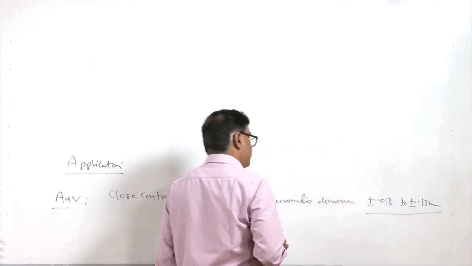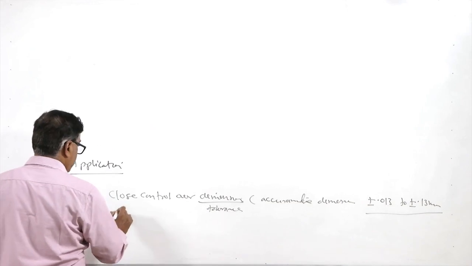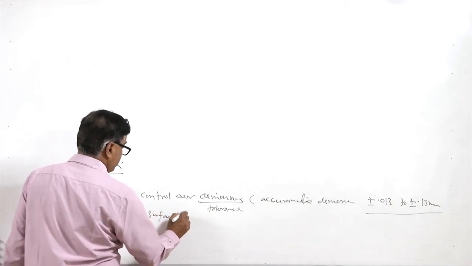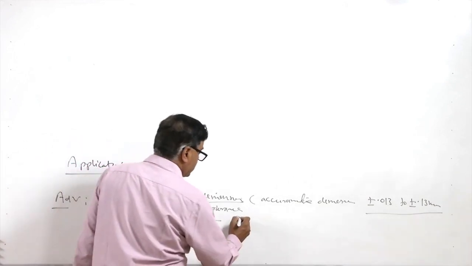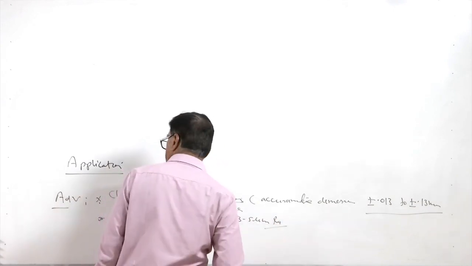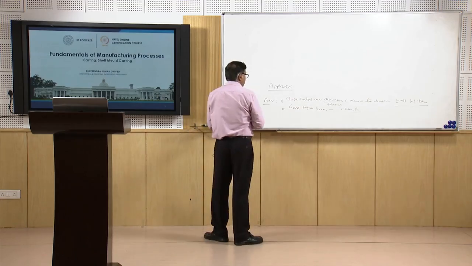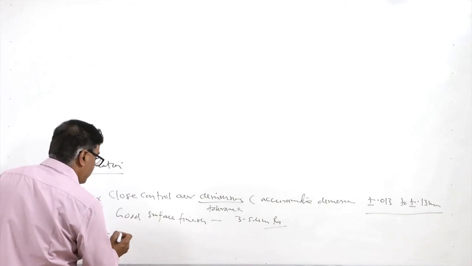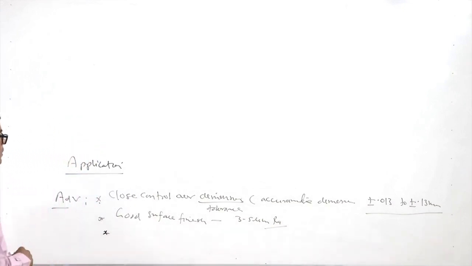This is the kind of control over the dimensions that is possible, and a good surface finish is achieved, like 3 to 5 micrometer Ra surface roughness. So, the process offers good surface finish and close control over the dimensions.